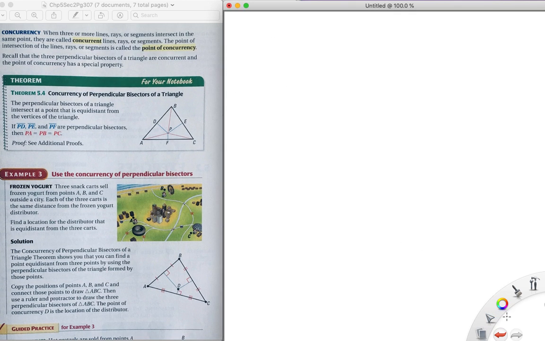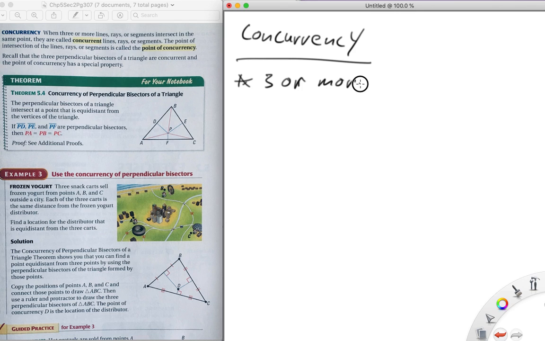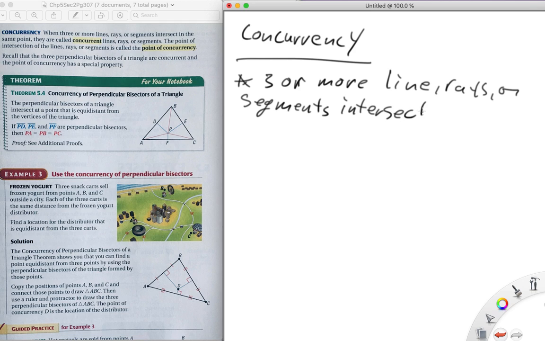All right, concurrency. Concurrency is when three or more lines, rays, or segments intersect.